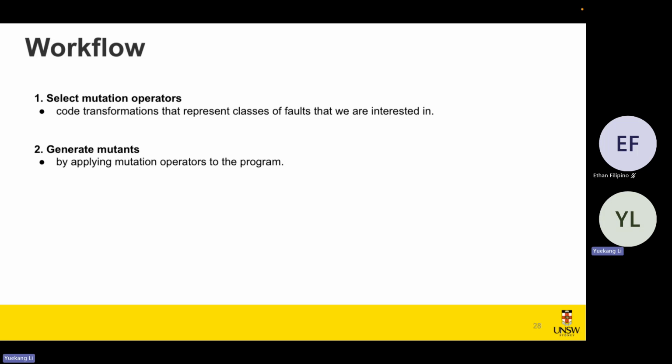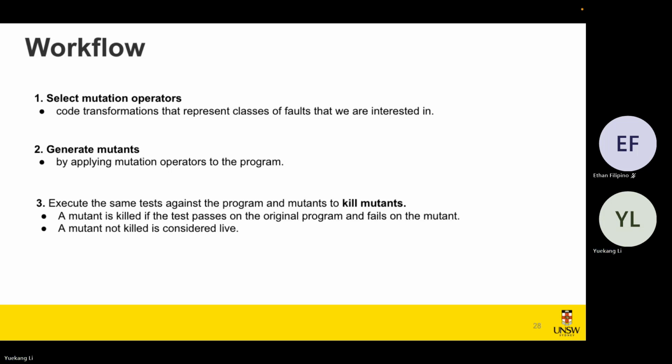And then we can apply these mutation operators one by one to the target program to create mutants. For example, we can delete the statements one by one from the target program to create different mutants. And then we execute the same set of test cases on both the original program and the mutants.